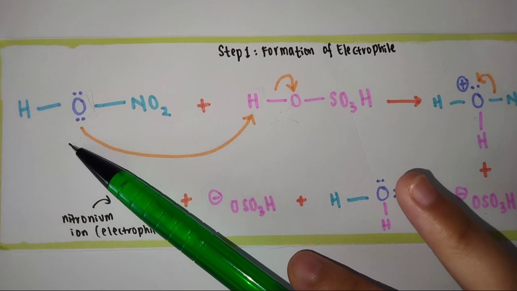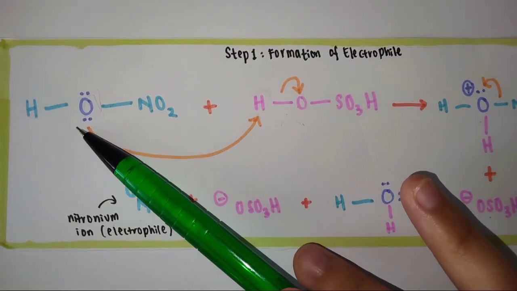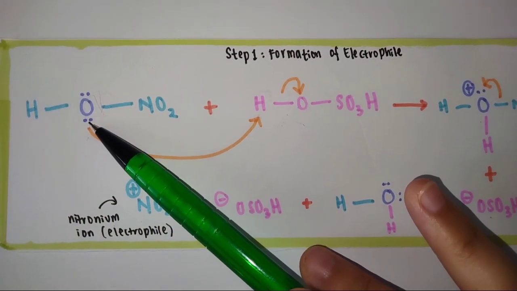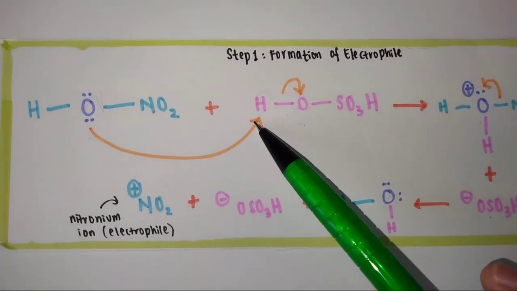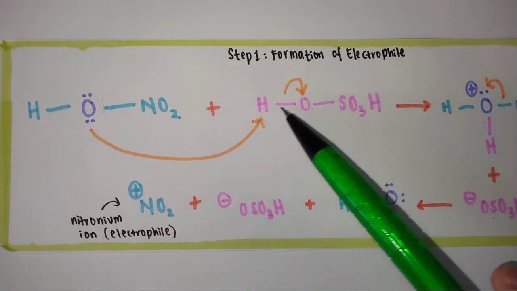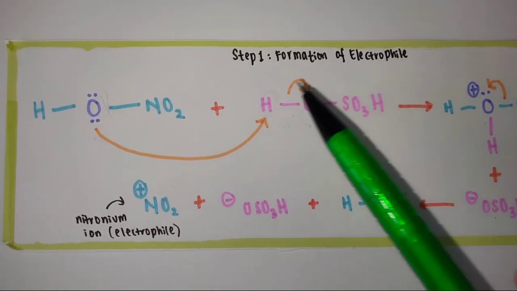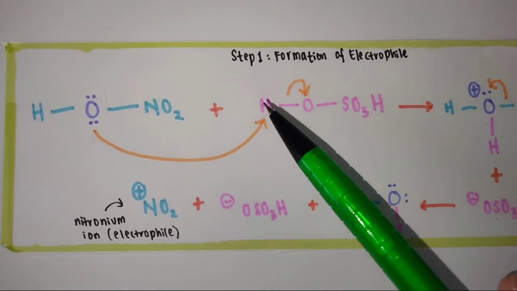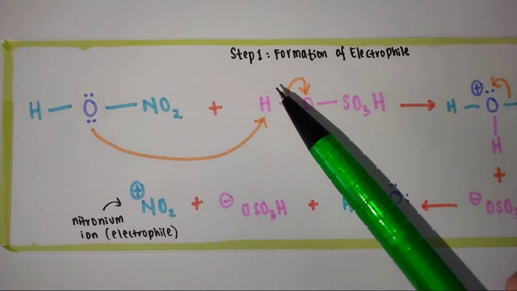So one of the lone pairs on the oxygen atom of nitric acid attacks the more electronegative hydrogen atom on H2SO4. H2SO4 is more acidic, so it is easy to release hydrogen.